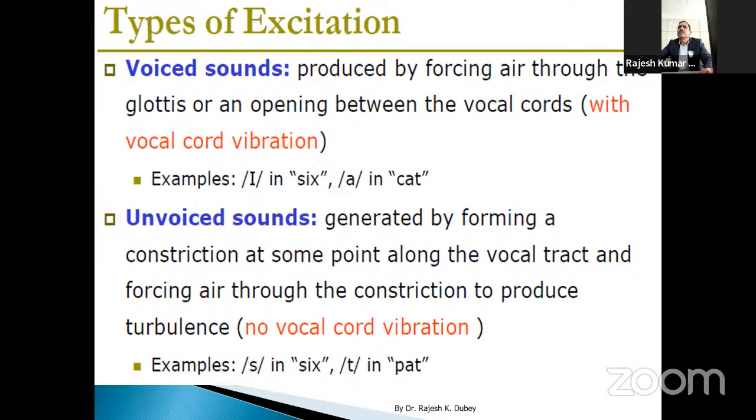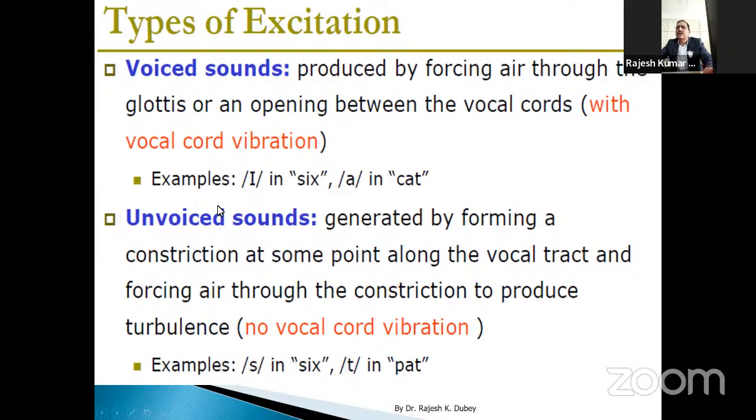That means some periodicity and some frequency are involved. This we'll call the fundamental frequency of that particular speaker. Later on we'll discuss the fundamental frequency. So because of this opening and closing, periodicity is involved, and that's why the voiced part of the signal comes in a quasi-periodic form.